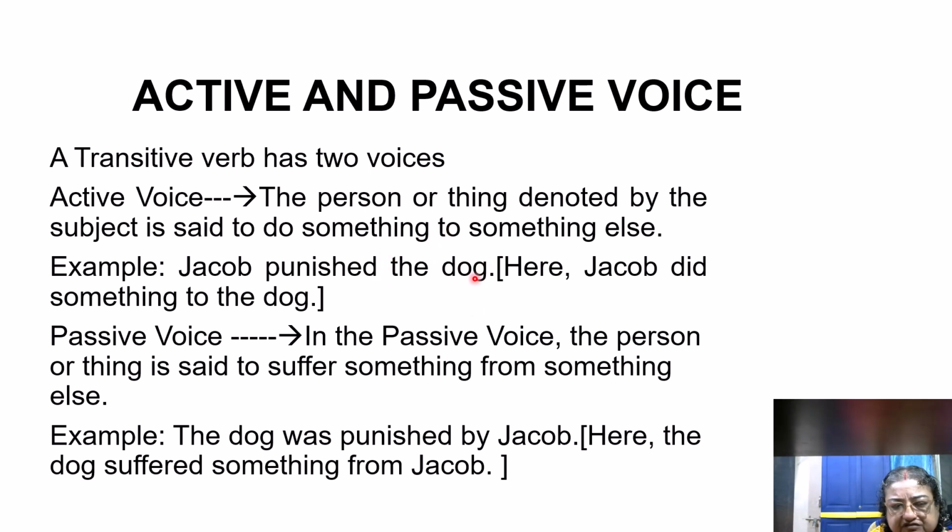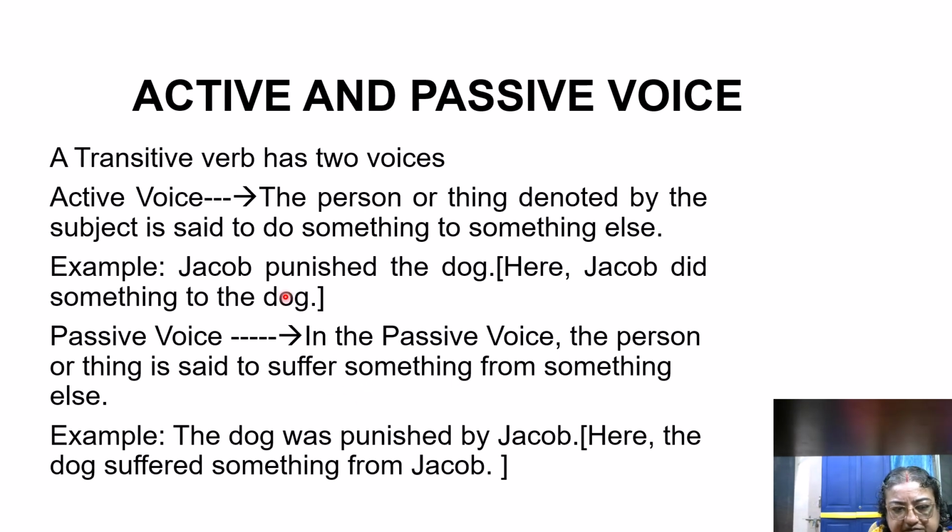This dog. So this dog suffers something from whom? Something else. Here something else is Jacob. Something else may be a person or thing. Here I have used a person, Jacob. So from Jacob he is receiving this suffering.